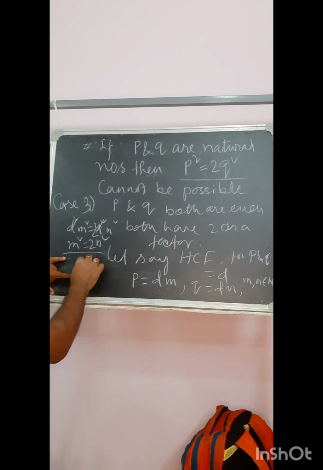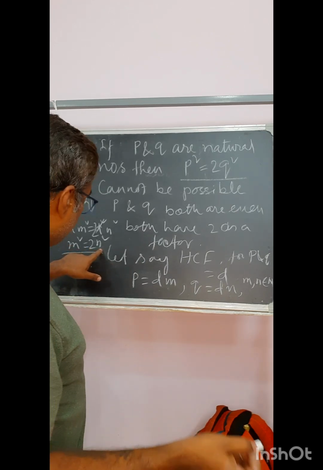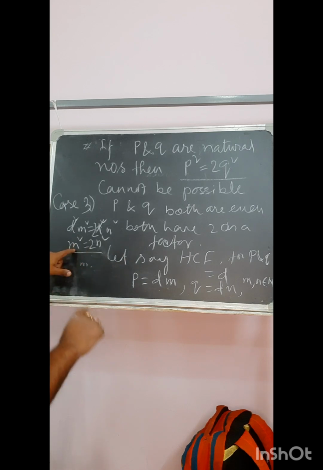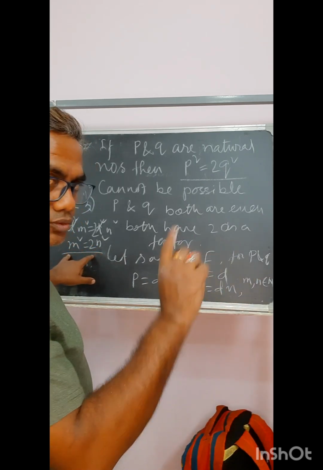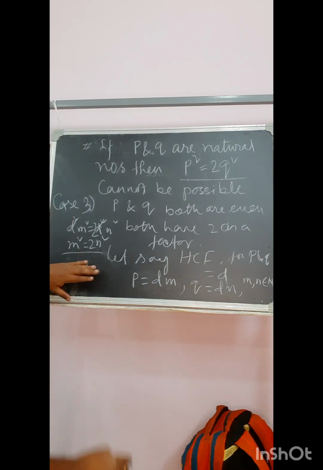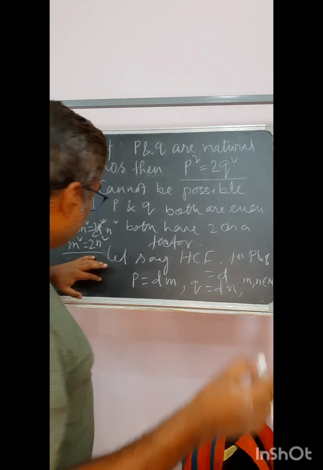Because if I say m is odd, then odd square equal to even is not possible. If m is even and n is odd, then case 2 will follow, and I have proved that it is not possible.